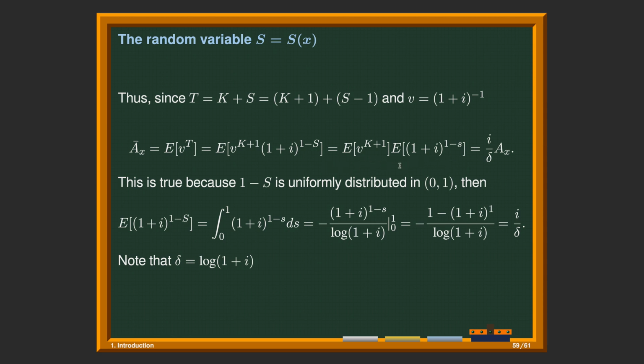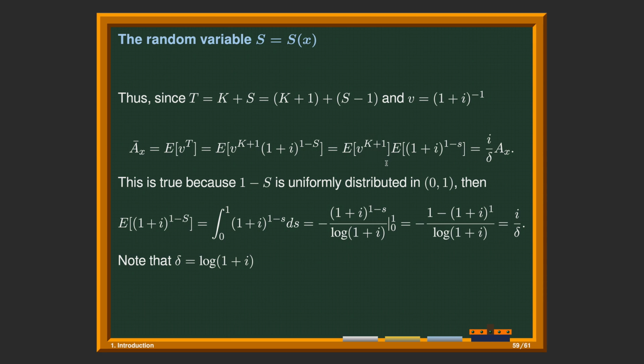Right? But then we know that this is actually the net single premium of a whole life insurance issued to a person aged X, payable at the moment of death.